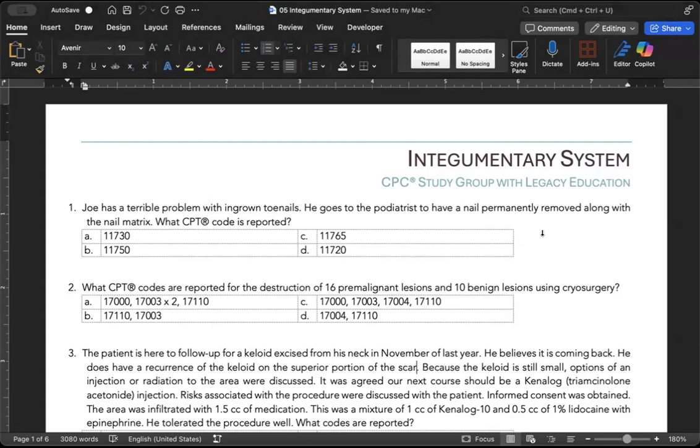That is the excision of nail and nail matrix, partial or complete. And then it's for an ingrown or deformed nail or permanent removal. So we are permanently removing, and then we're also removing the nail matrix.